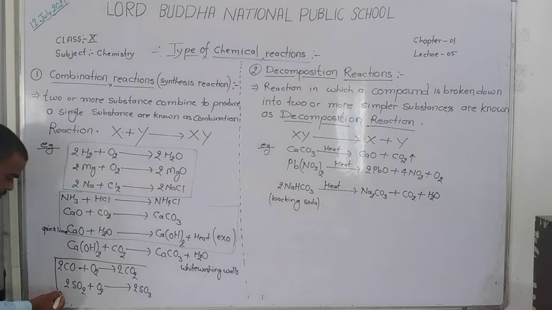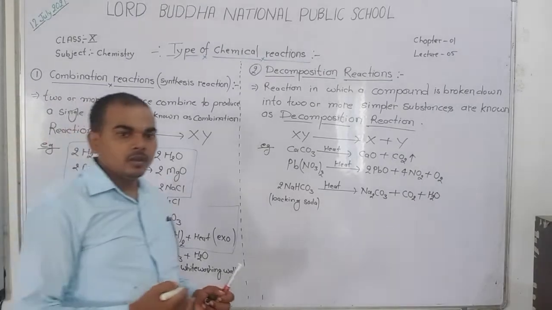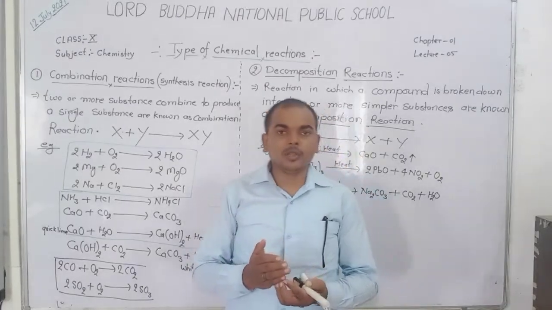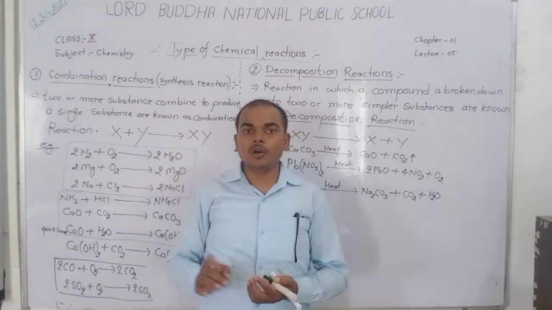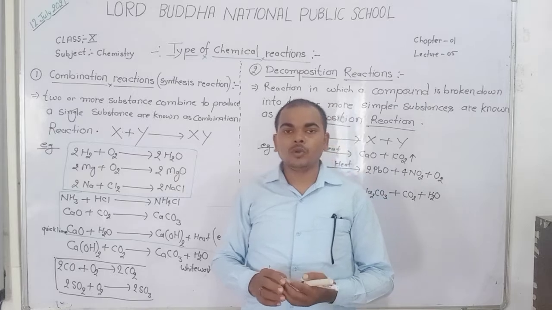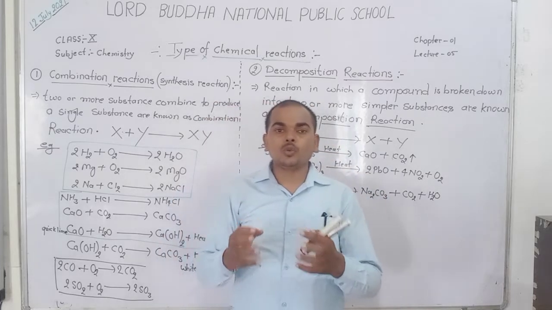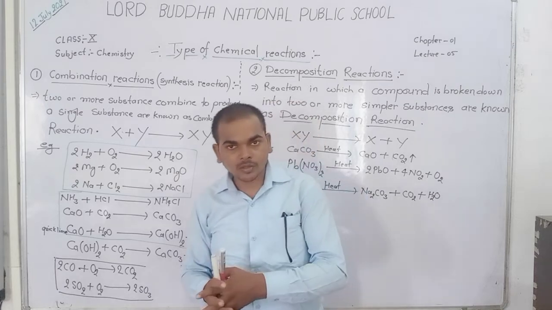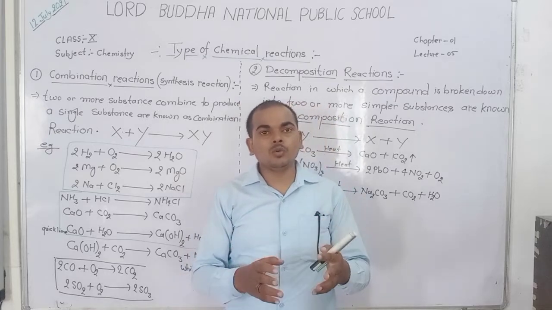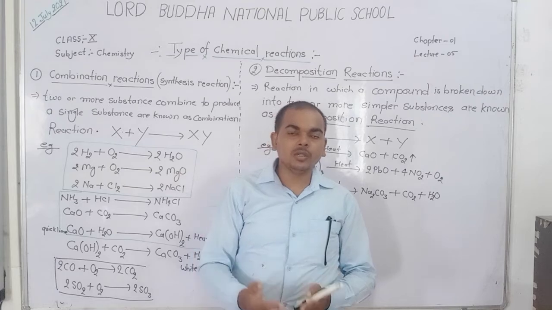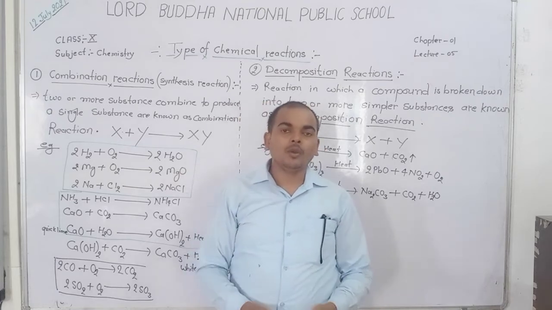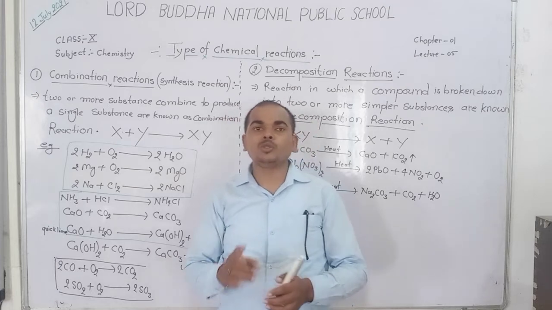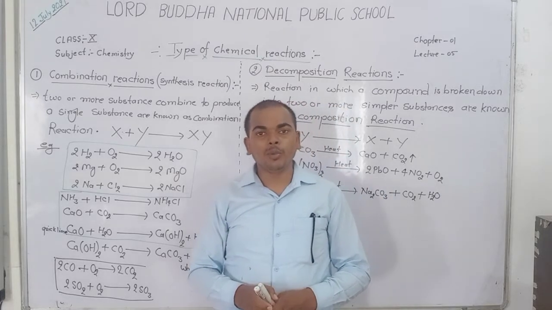That means, by the observation, in a chemical combination reaction or synthesis reaction, when two or more elements combine with each other to form a single product, or when two or more compounds combine with each other to form a single product, or when an element combines with a compound and produces a single product, it is known as a combination reaction.